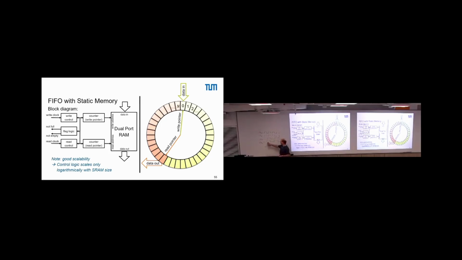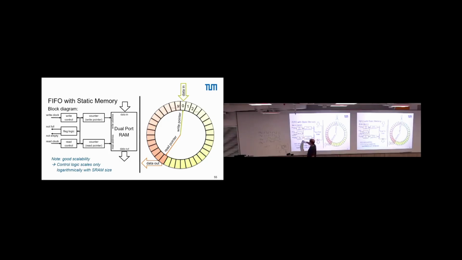So you have this asynchronous behavior here. Makes sense? Overall, the not full signal is triggered by a read operation and evaluated in the write domain, asynchronous in the write domain. The not empty signal is triggered by a write operation and evaluated in the read domain.